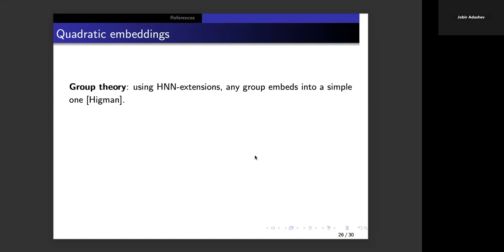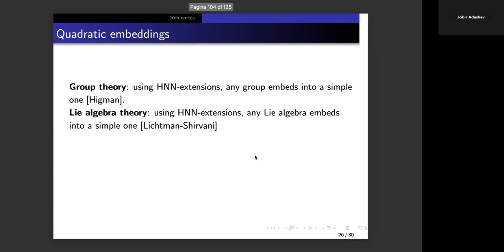In fact, in group theory, the usage of HNN extensions allowed, I think Higman was the first, to prove that any group embeds into a simple group. This is a nice theorem that uses HNN extensions. Similarly, in Lie algebra theory, Lichtman and Schiavani extended the proof to the Lie algebra realm, proving that any Lie algebra embeds into a simple Lie algebra.